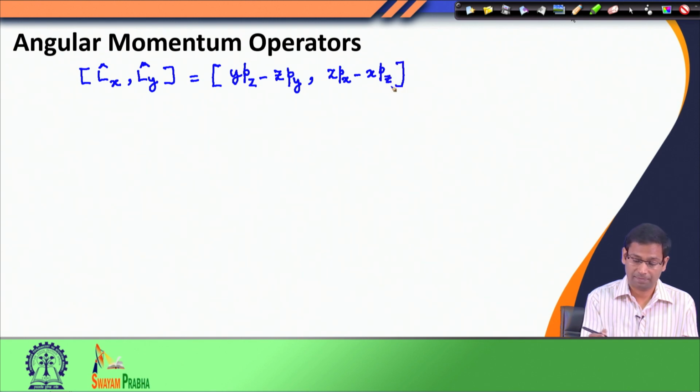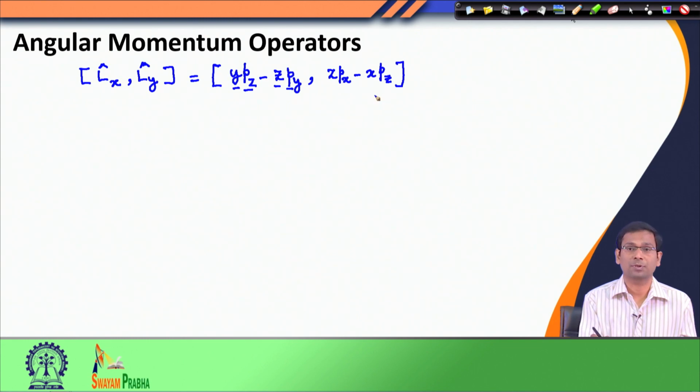Now, y is an operator, pz is an operator, z, py, these are operators, and so each term in this expression is an operator. We can denote an operator by putting a hat on top of it, but since there are going to be so many terms, for the moment I would skip using the hat. We just remember that y and pz are operators.